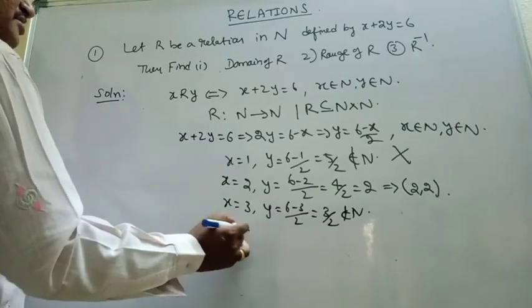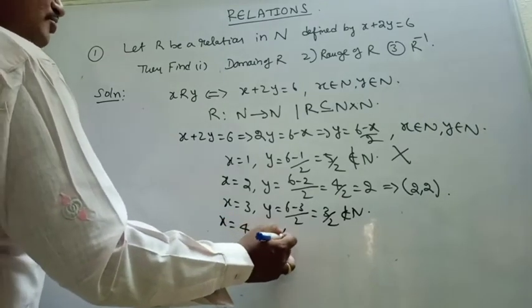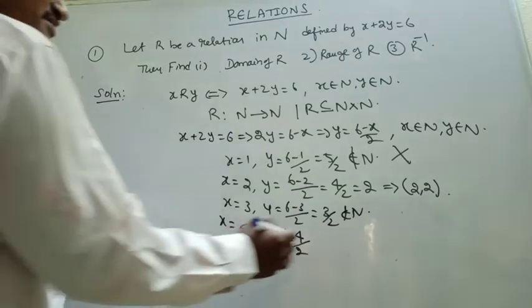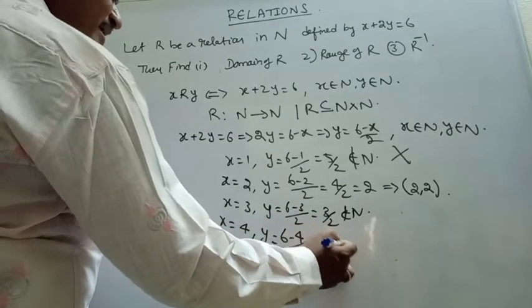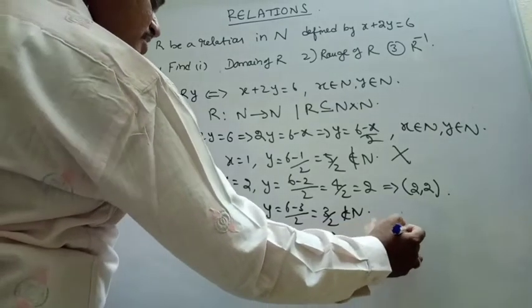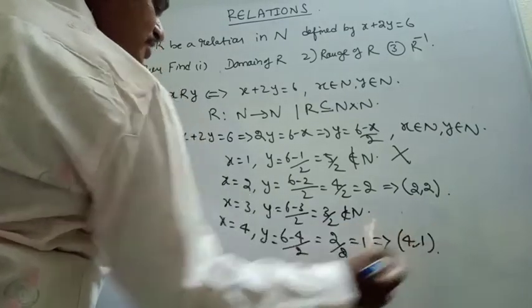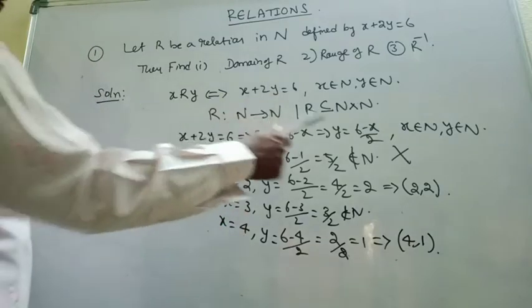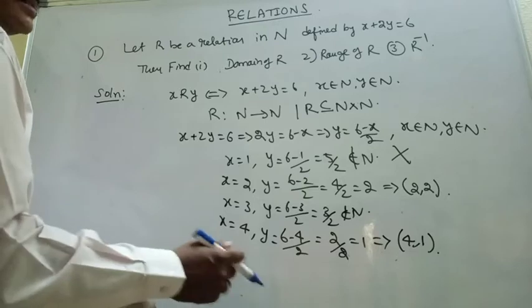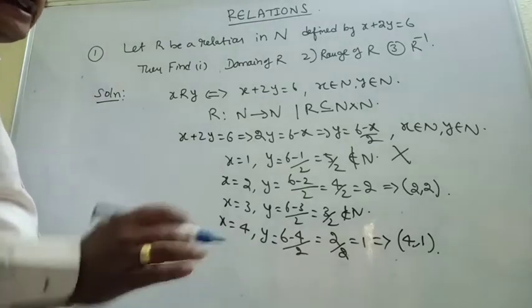When you take x is equal to 4, y is equal to (6 minus 4) by 2, that is nothing but 2 by 2, that is 1. That means both are natural numbers, so you have one ordered pair, 4 comma 1. In the same way, x is equal to 5 will not satisfy, you will get 1 by 2. X equal to 6, you get 6 minus 6, 0 by 2, and 0 is not a natural number.